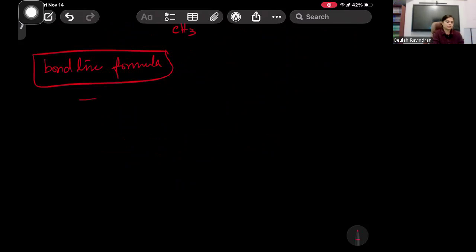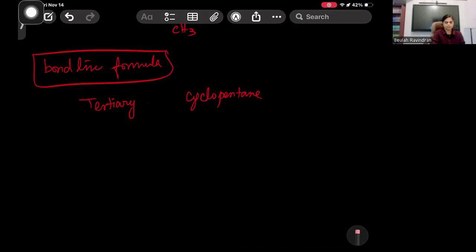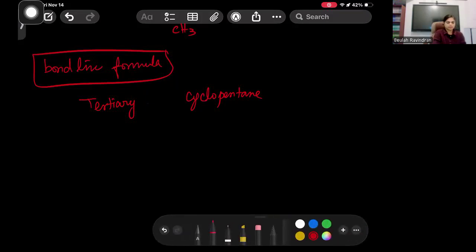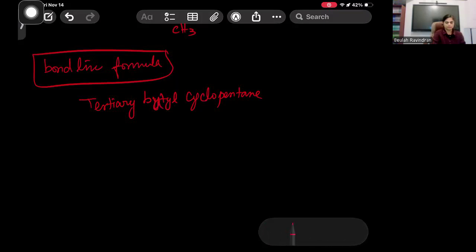So tertiary butyl cyclopentane. See, this butyl should not start with a capital letter. Butyl, sorry, butyl.